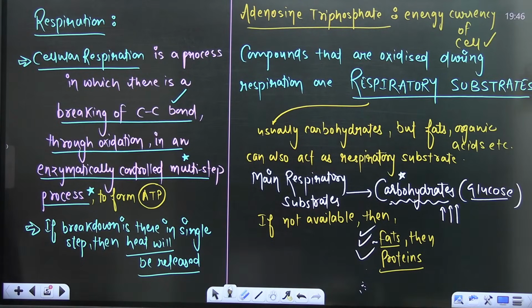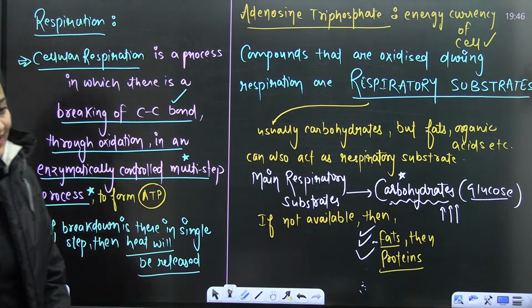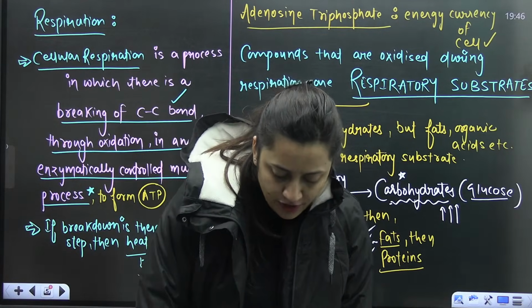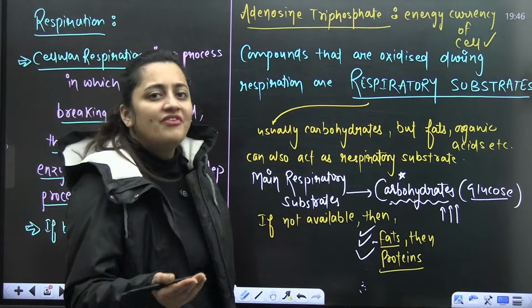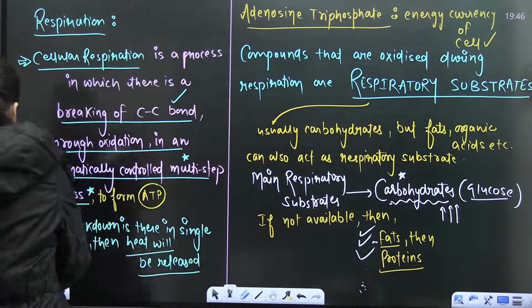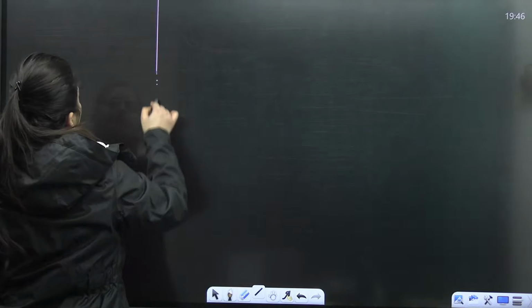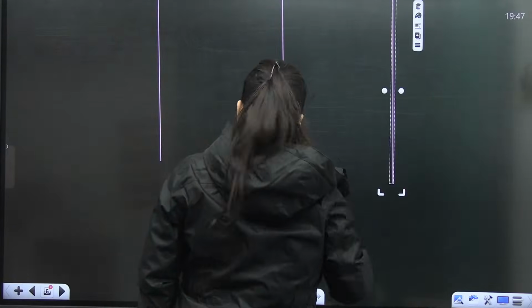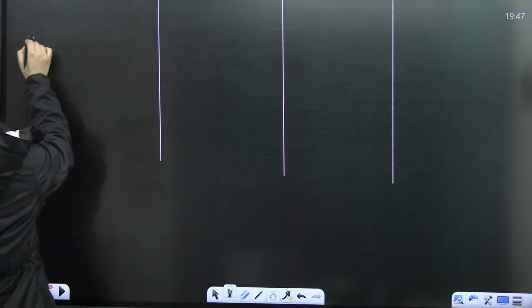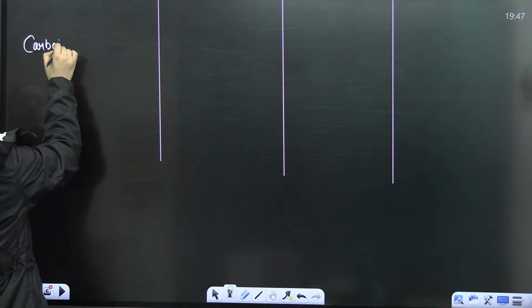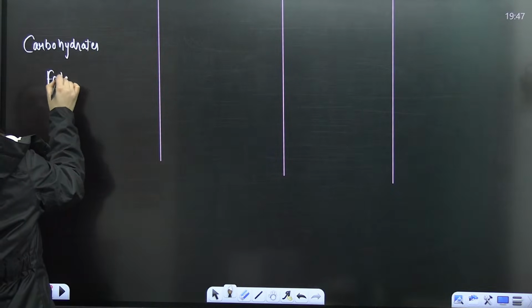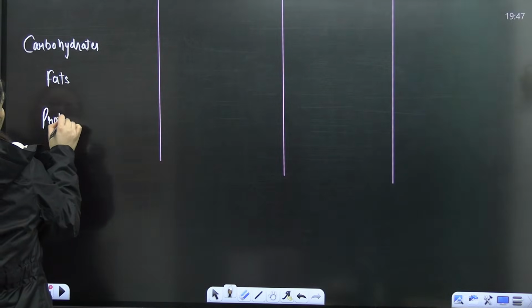Now, I would like to add one more concept here, and here we are going to talk about the calorific value and the physiological value. So this is our respiratory substrate. Let's talk about the carbs first, then the fats, and then we have the proteins.